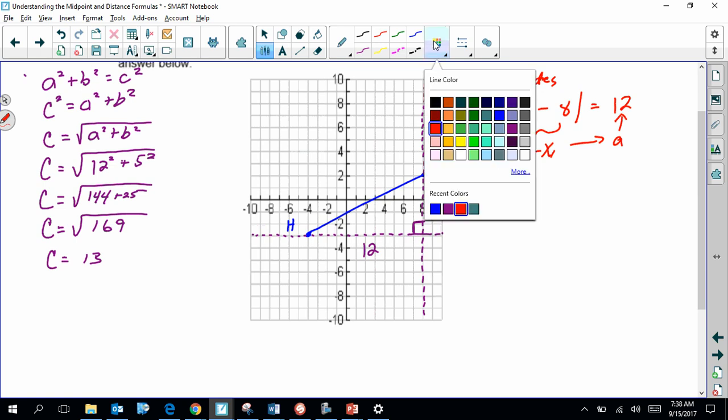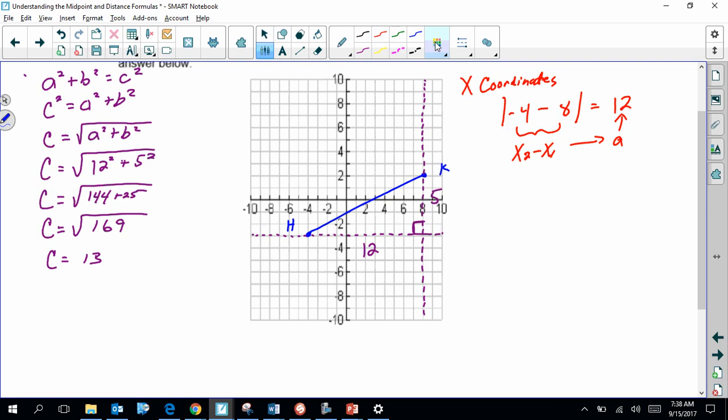And if I do the y-coordinates, I want to see, am I getting the same thing? Well, I have a y-coordinate at -3, and I have another y-coordinate at +2, and somehow they have to combine to give me a 5.